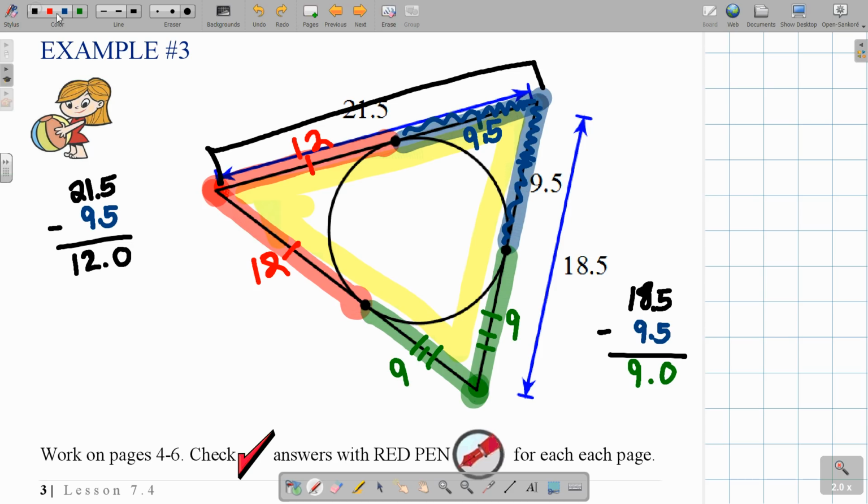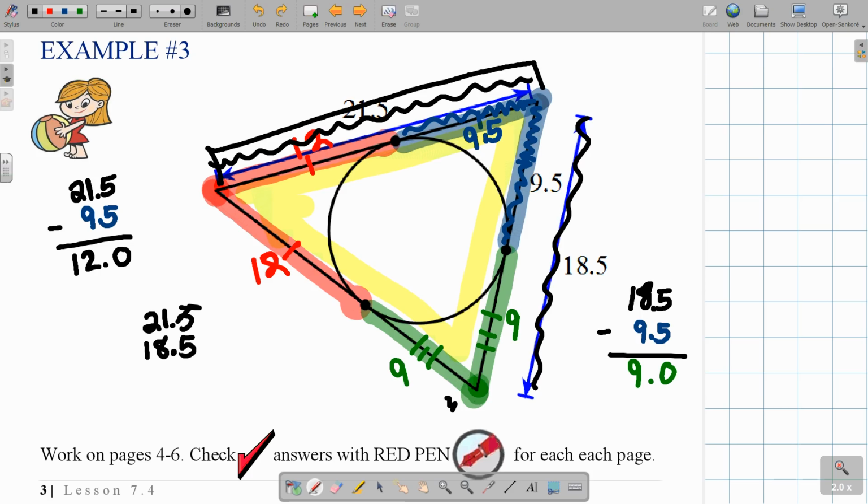Now, you want to physically walk all the way around and add it up. Ready? Squiggle with me. We have 21.5 plus 18.5 plus 9 plus 12, which is 21.